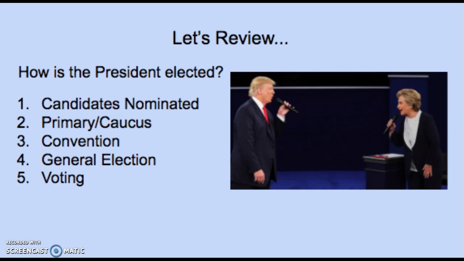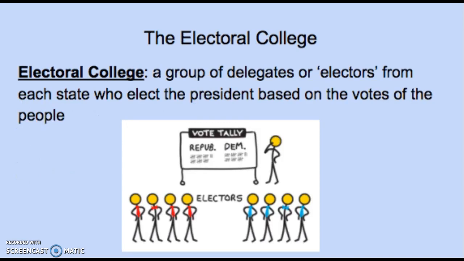We're going to be talking about the Electoral College. All right. So the Electoral College is a group of delegates, so people who are representing a state, or electors from each state who elect the president based on the votes of the people. So they come together, they tally up all the votes. They see, okay, well, we had more votes for Democrats in the state of Minnesota, so the Democrats are the ones that we're going to vote for president.